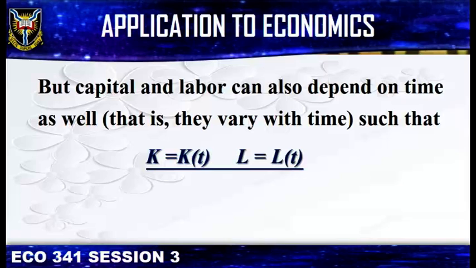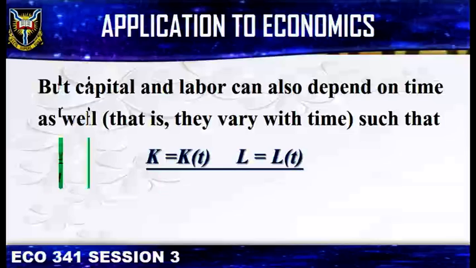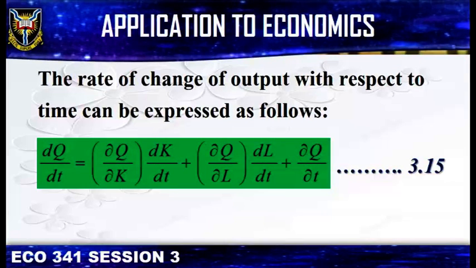That is, they vary with time such that K is equal to K of T, L is equal to L of T. The rate of change of output with respect to time can be expressed as follows. dQ dT is equal to partial dQ partial dK times dK dT plus partial dQ partial dL times dL dT plus partial dQ partial dT, equation 3.15.